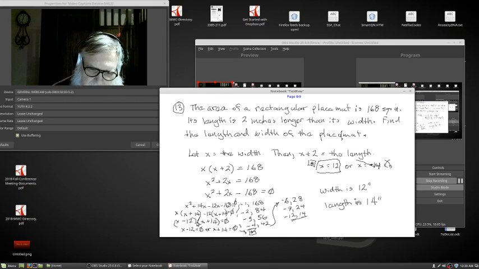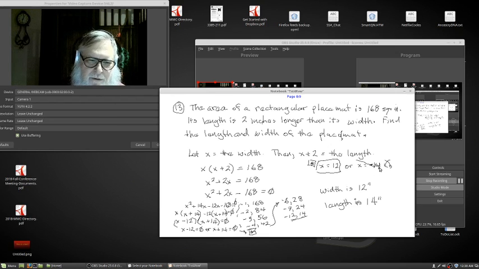So if x minus 12 times x plus 14 is 0, then either x minus 12 is 0 or x plus 14 is 0. If x minus 12 is 0, that means x is equal to 12. And if x plus 14 is equal to 0, that means that x is negative 14.